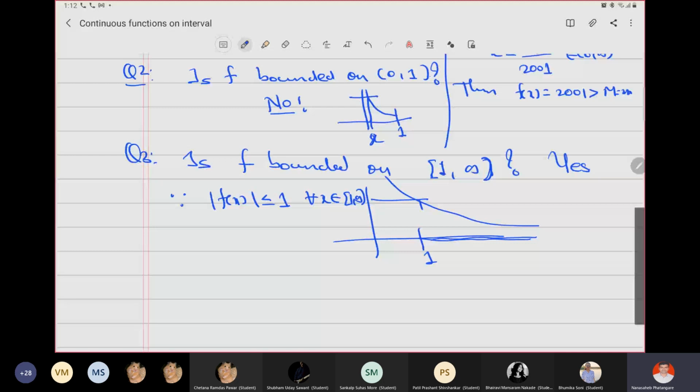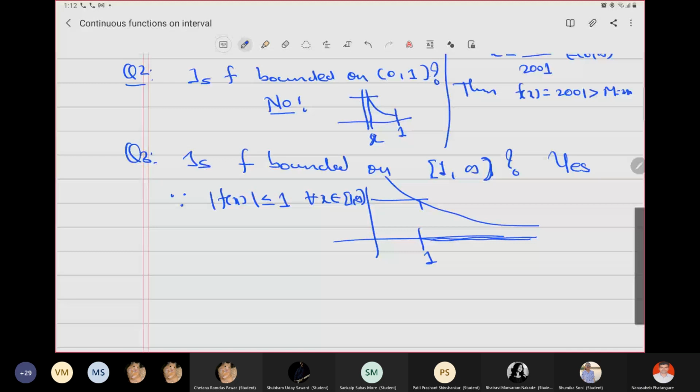When I say x greater than or equal to 1, then 1 by x is less than or equal to 1. But already x is positive, so f of x is positive. Therefore, we can say that the absolute value of f of x is less than or equal to M. So this function is bounded. So the same function on a different interval was unbounded, on another interval it is bounded. So that you should understand, right?